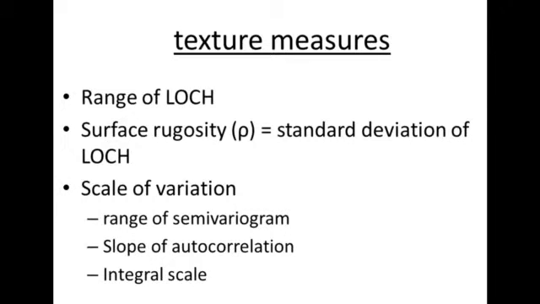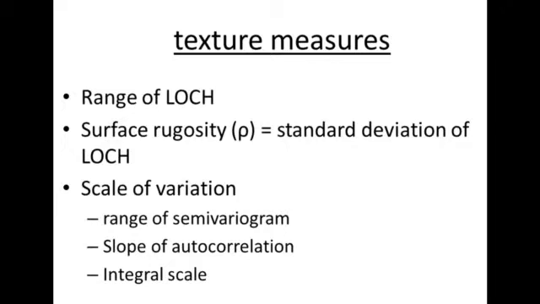Texture. Very few people are thinking about texture, but we think it might have some significance for things like aerodynamic properties of forests. The texture of the outer canopy is related to something called the roughness of the canopy.